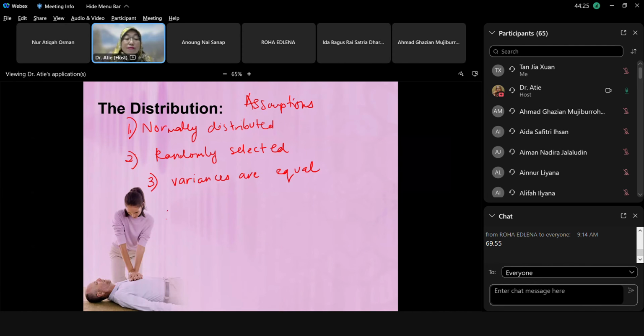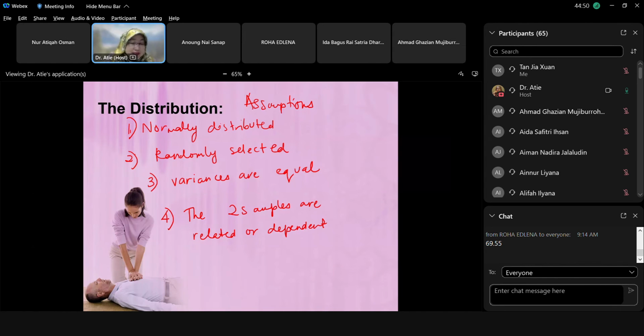And then the two samples are related or dependent. So those are the assumptions for the dependent t-test.